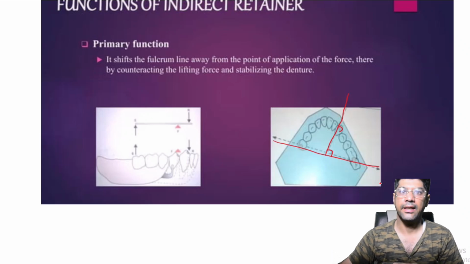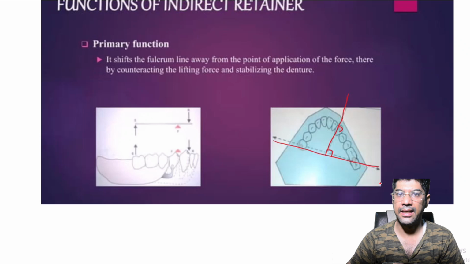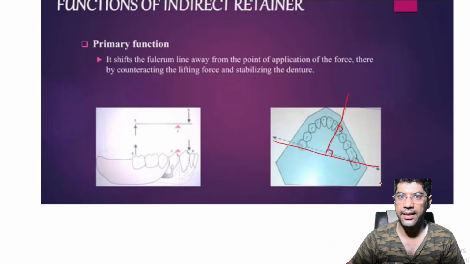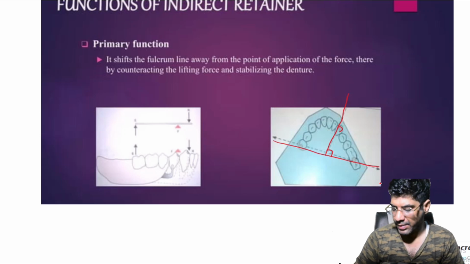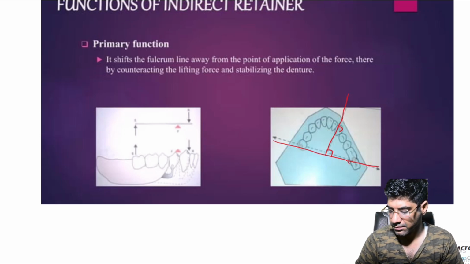So why is the distance of the indirect retainer from the fulcrum line important? The distance is important because a greater distance means more effective control over the rotational forces. The farther away the indirect retainer is from the fulcrum line, the better it can stabilize the denture.